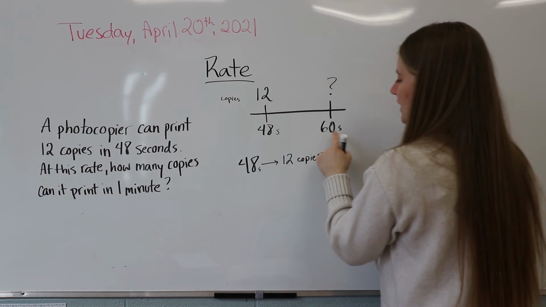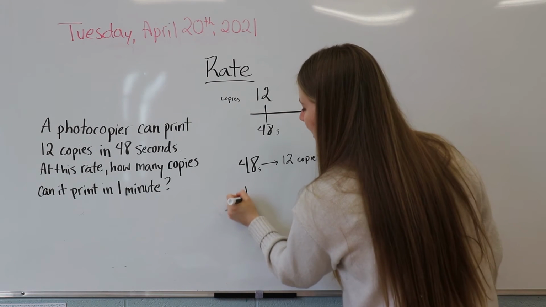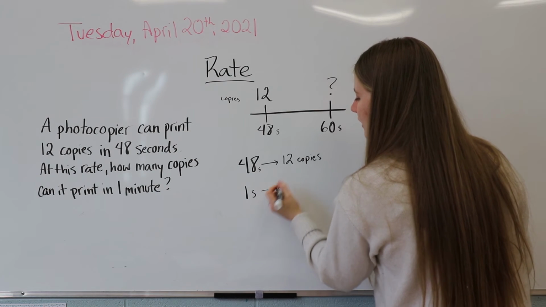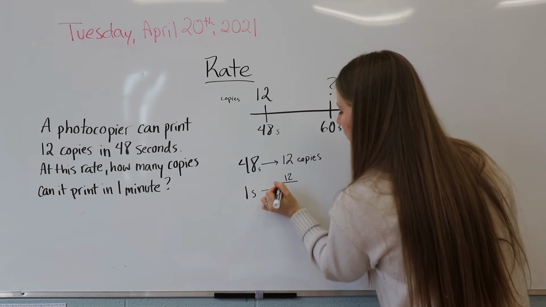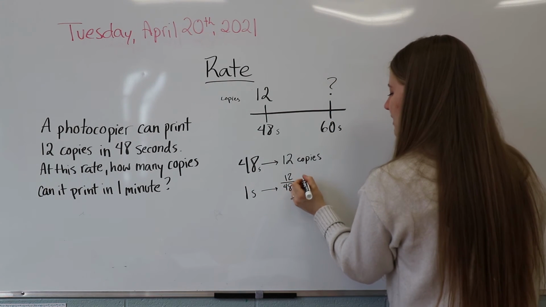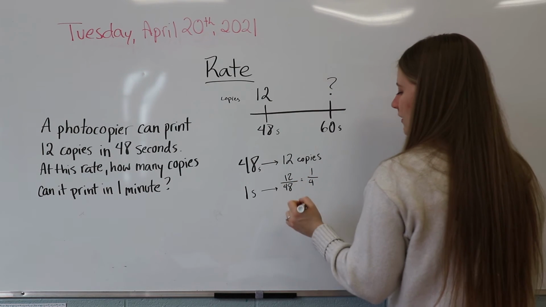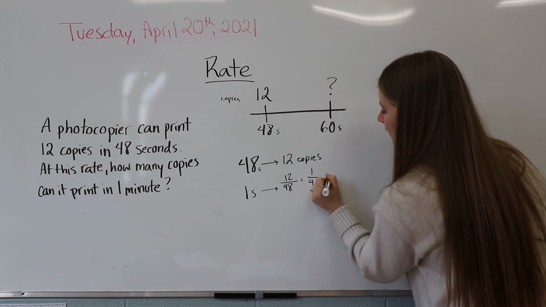Okay, and in order to find out how many copies are printed in 60 seconds, we have to find the value of 1, okay? And we do that through division. So we're going to do 12 over 48, which can be simplified into 1 over 4, okay? And that value is for copies.